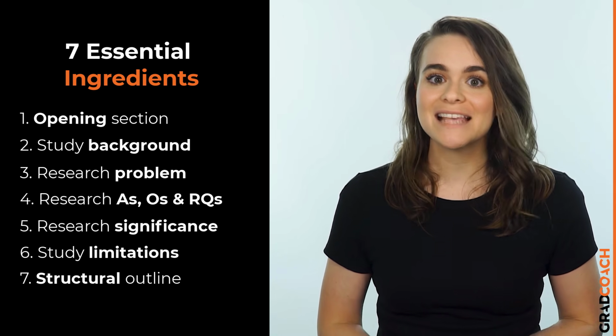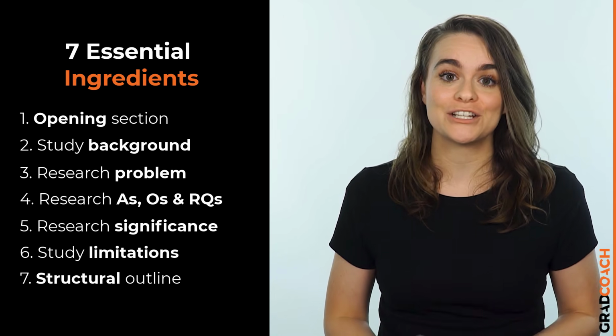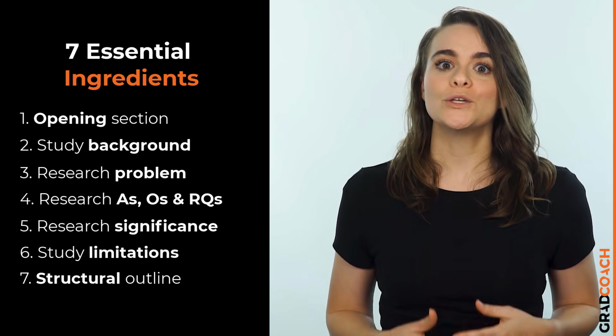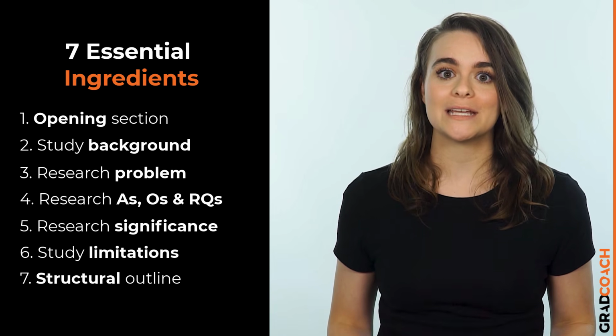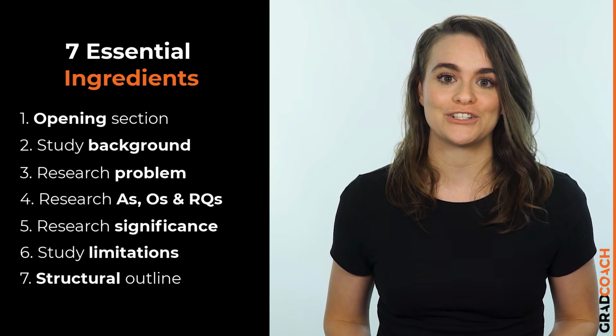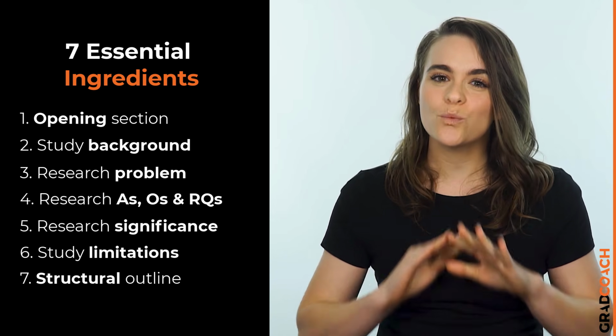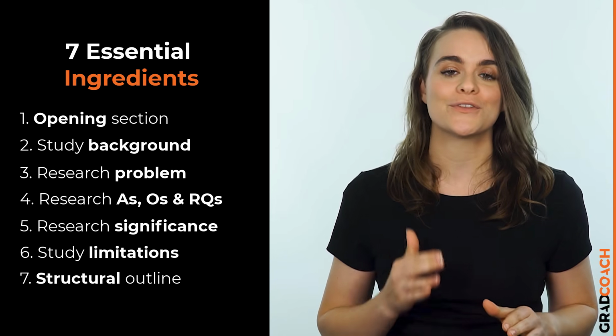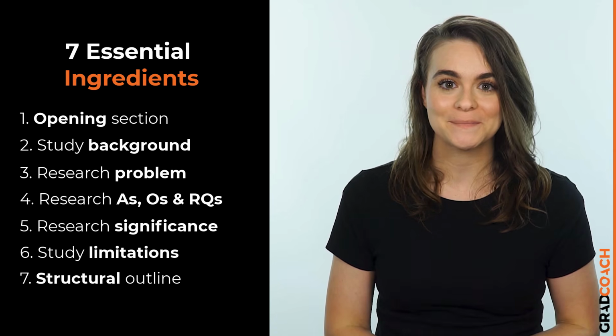If you bake these 7 ingredients into your dissertation introduction chapter, you'll be well on your way to building an engaging introduction chapter that lays a rock-solid foundation for the rest of your document. Remember, while we've covered the essential ingredients here, there may be some additional components that your university requires, so be sure to double-check your project brief.